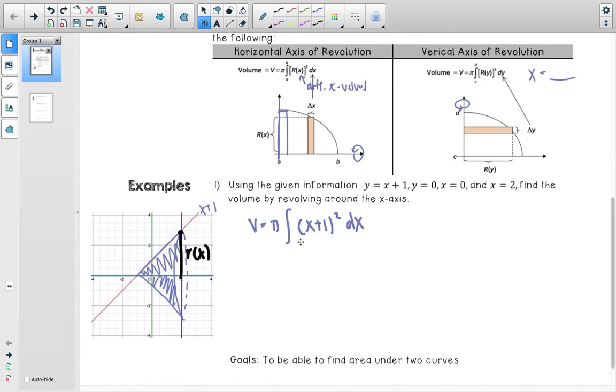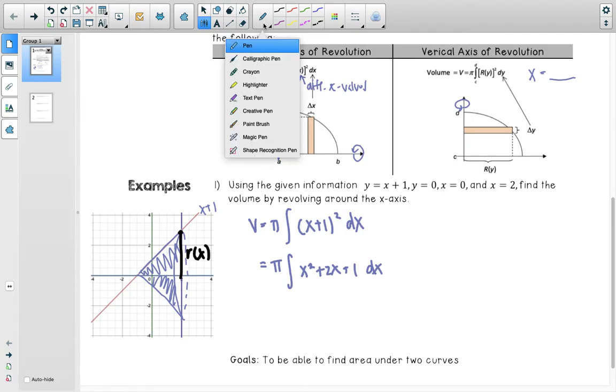Now you can FOIL this out, or you can use substitution. I already know that you're probably going to do it this way, so I'm just going to write it: x squared plus 2x plus 1. Now the question is, what are the bounds? Well, the bounds are going to be your x values. So from here, from -1 to 2. Because you're still rotating around the x value, you have to use your x values.